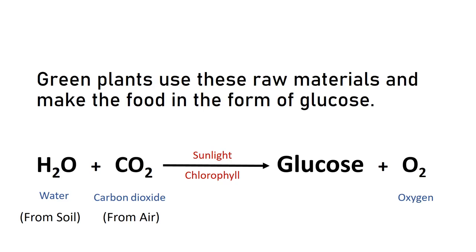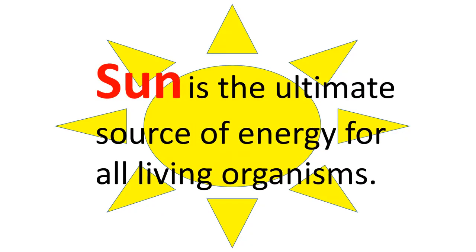We all know in plants the food is prepared in the form of glucose and oxygen is released out. Adding to your knowledge, the water for photosynthesis is obtained from soil and the carbon dioxide is obtained from air. Do you know? Sun is the ultimate source of energy for all living organisms.